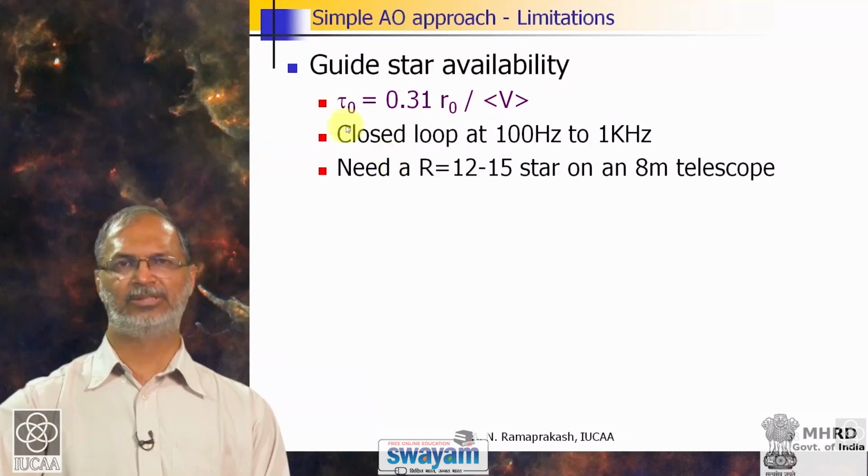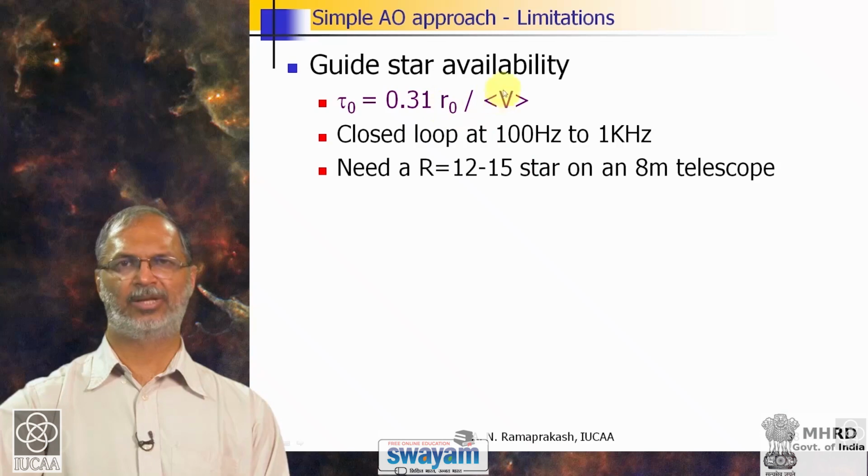One of the issues is the atmosphere changes very fast. What it means is that you have to do the measurement of the wavefront structure at a rate which is faster than the rate at which the atmosphere changes. This is an expression which we derived in one of the previous slides.